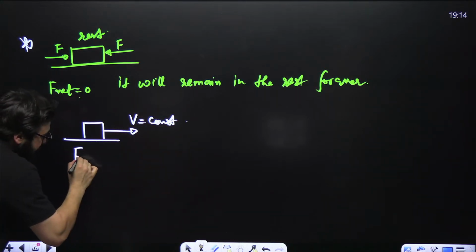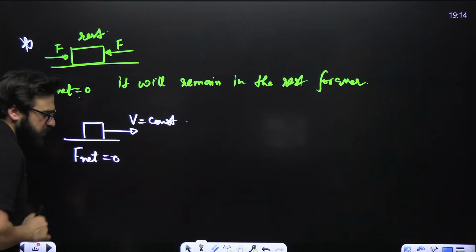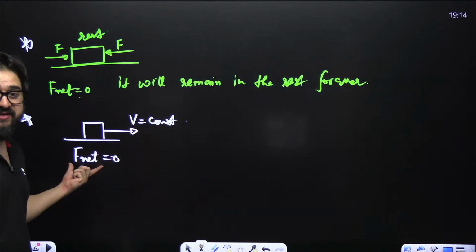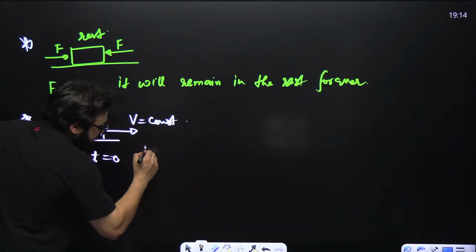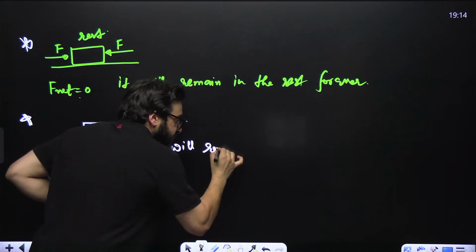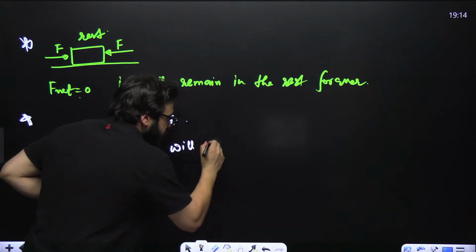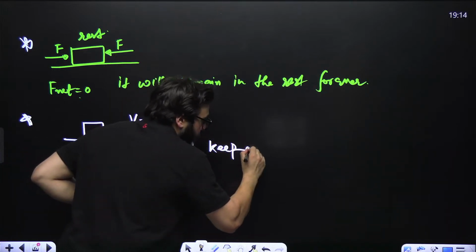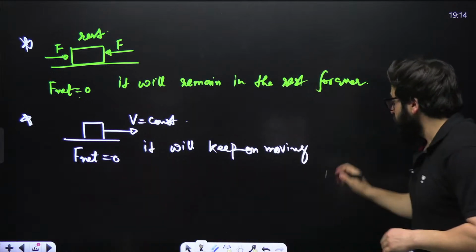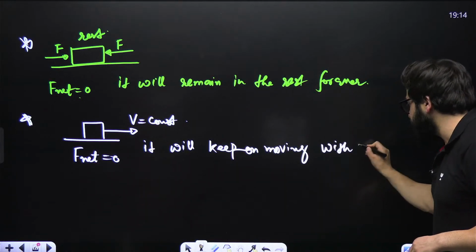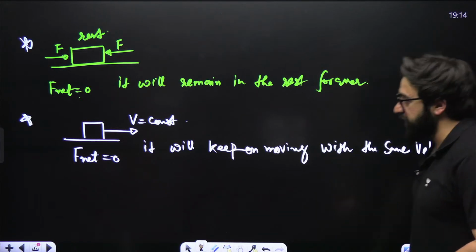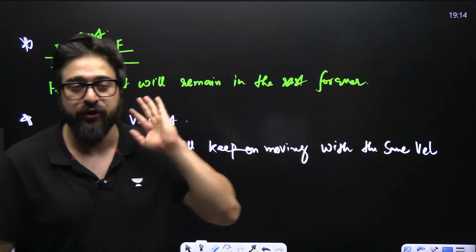If I say net force in this case is also 0, no external force is acting, can I say it will keep on moving with the same velocity forever? Yes, sir, it will remain in the state of uniform motion.